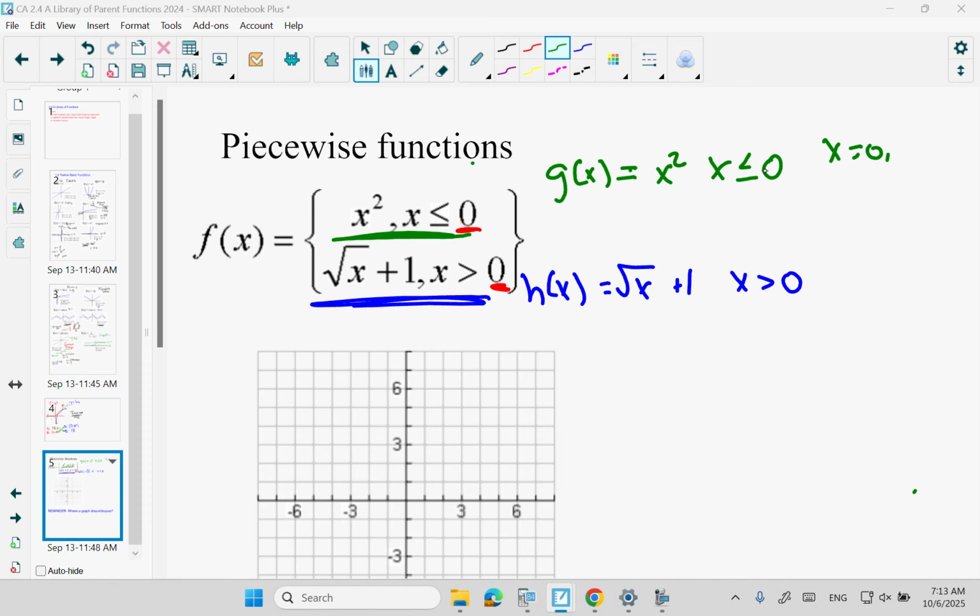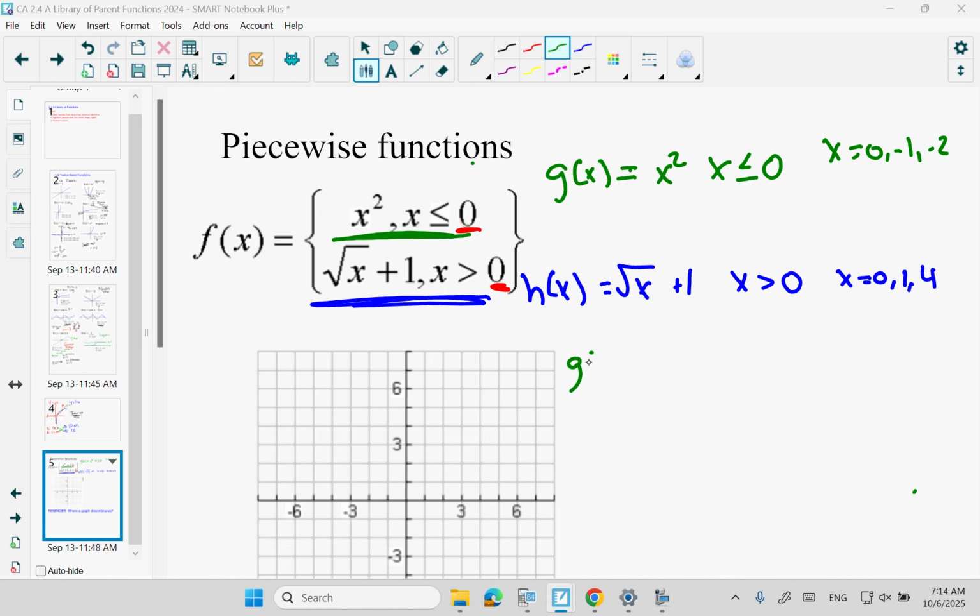X is less than or equal to 0, so I'm going to use -1 and -2. And then over here, x is greater than 0, so I'm going to use 0, because that's in conflict. I'm going to use 1, but then looking at this, I'm square rooting whatever x value I pick, so I should probably pick x values that have easy square roots. So I'm also going to pick 4.